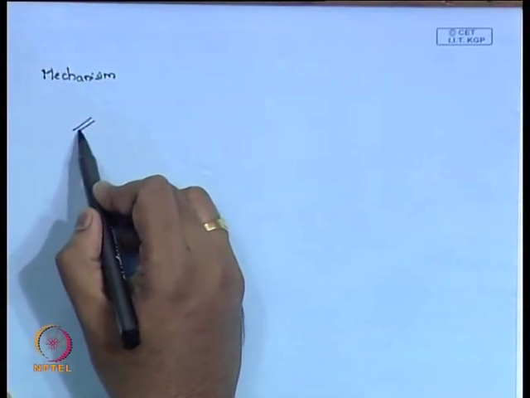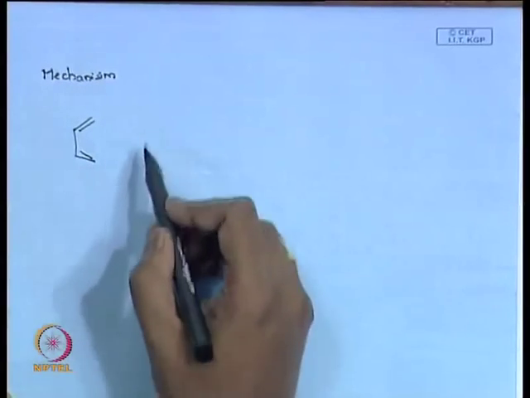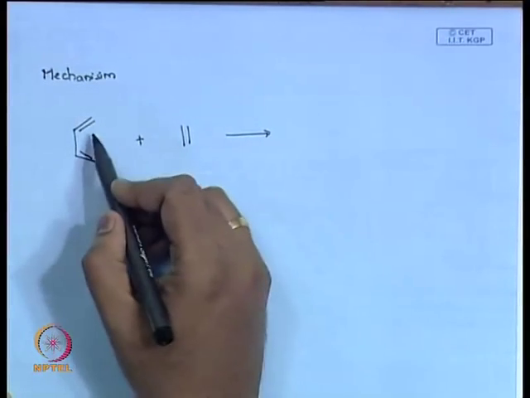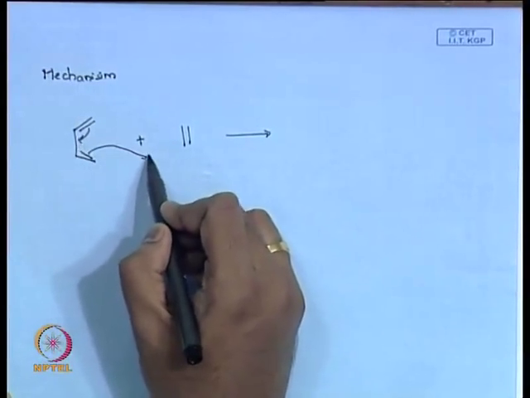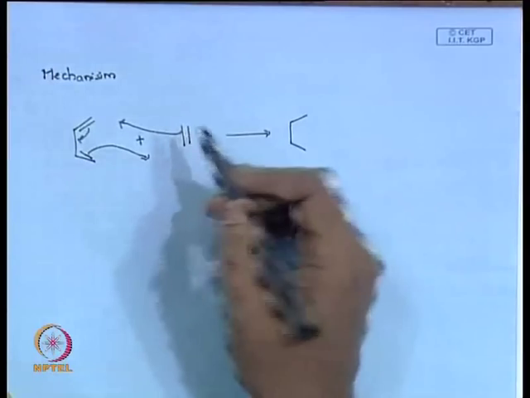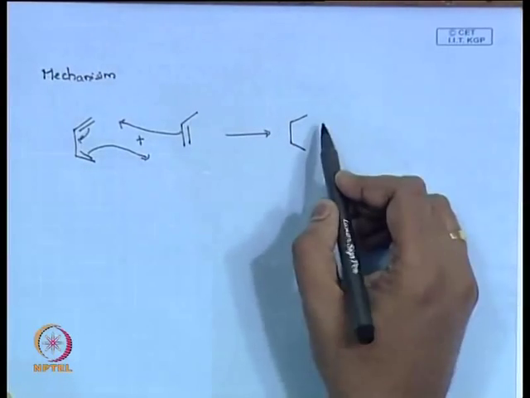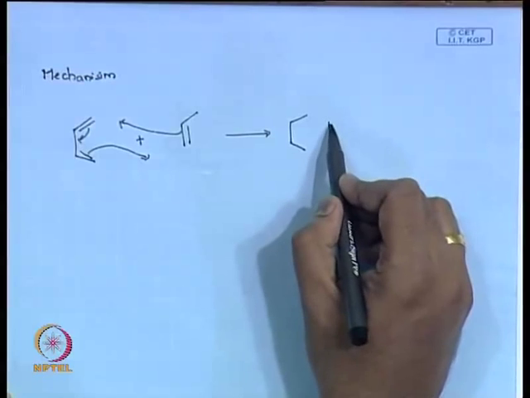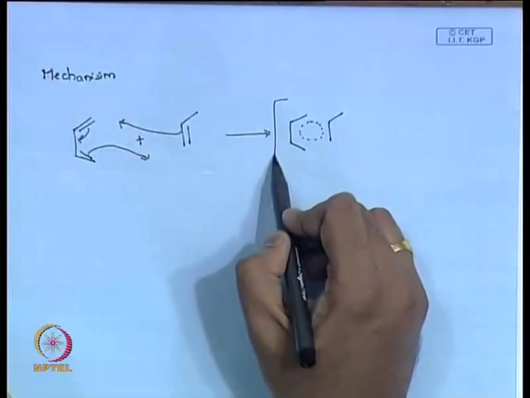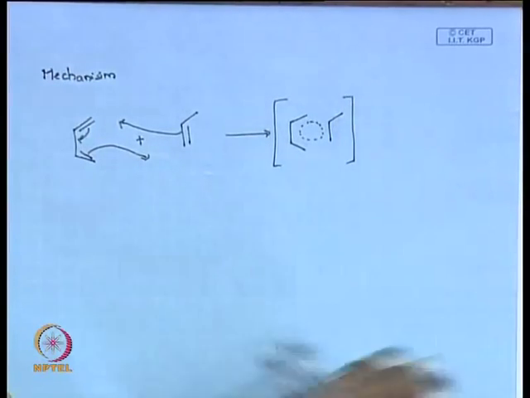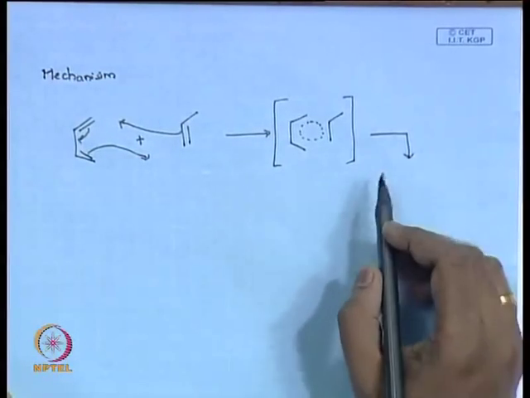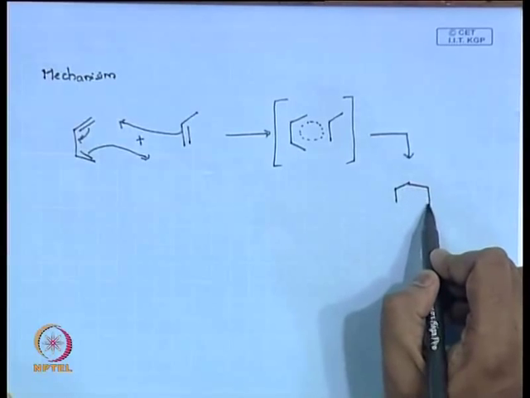It is nothing but a simple reaction: you take a diene system and an alkene, and you get a sort of six-membered transition state. You can think about this transition state very nicely, and it will give you the final product.